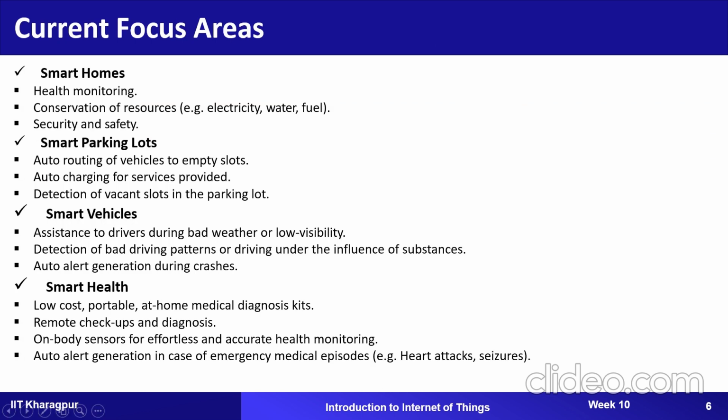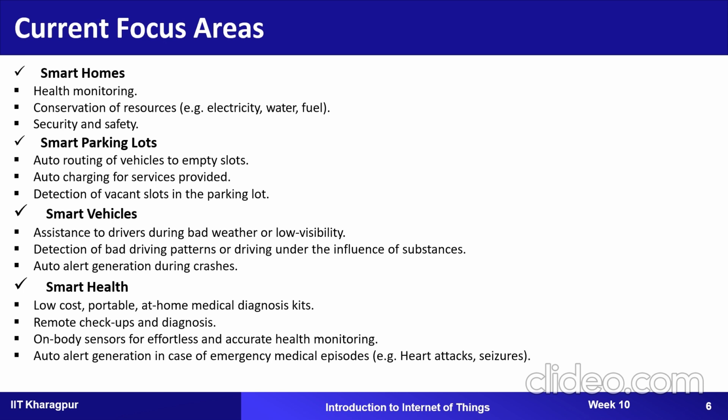Now the current focus areas of smart cities. First is your smart homes. Smart homes consist of various equipment embedded in your homes in order to make those homes smarter. The first one can be health monitoring. In homes, different people use different kinds of devices responsible for monitoring their health.